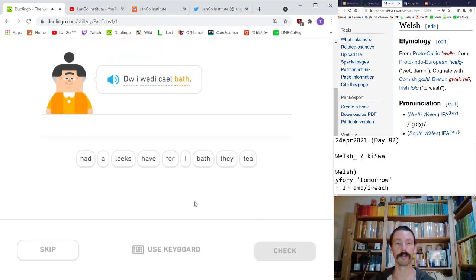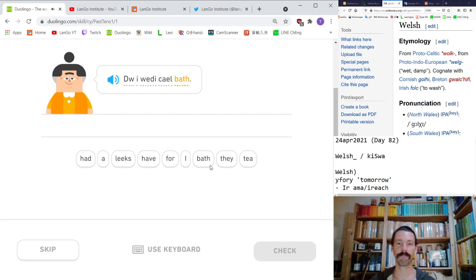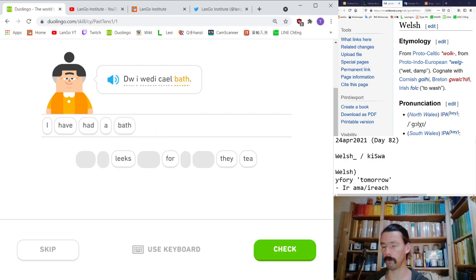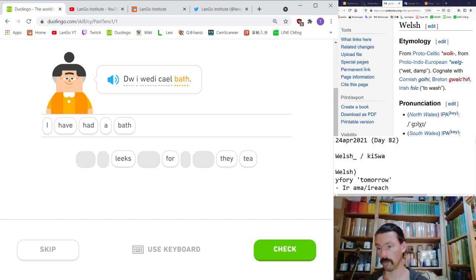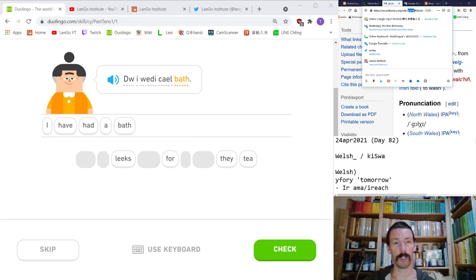Dwi wedi cael bath. I have had a bath. Indefinite. Probably taken from English. The English one is a native Old English Germanic word, so it could be older, a loan of Germanic from Celtic, I suppose. There may have been changes.